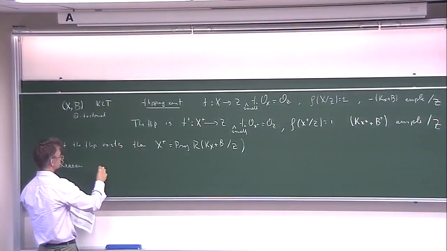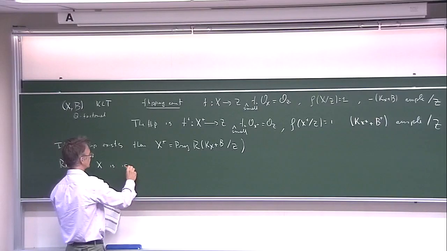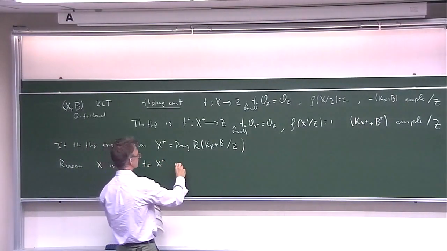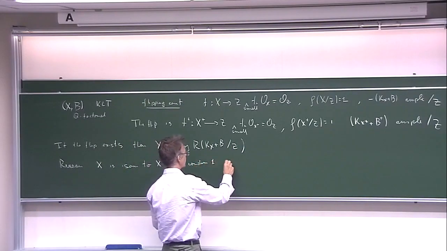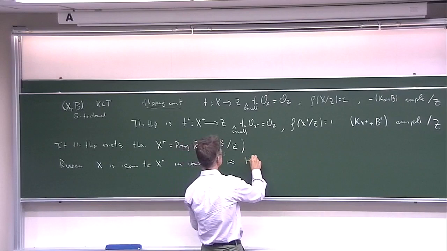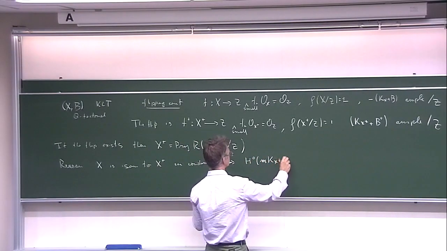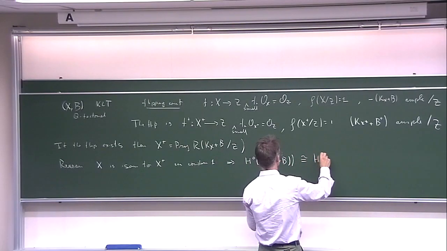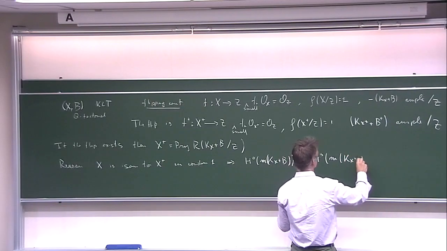If both of these morphisms are small, then X is isomorphic to X+, assuming that X+ exists, in codimension 1. But then that forces the rings of sections of multiples of K_X + B to be isomorphic to the corresponding ring on the flip.